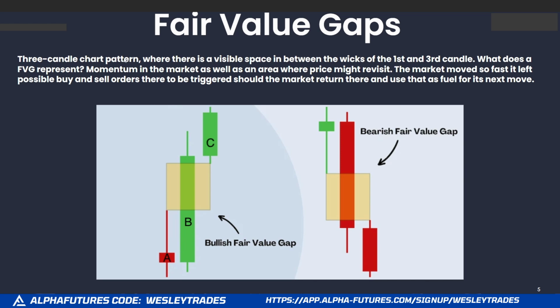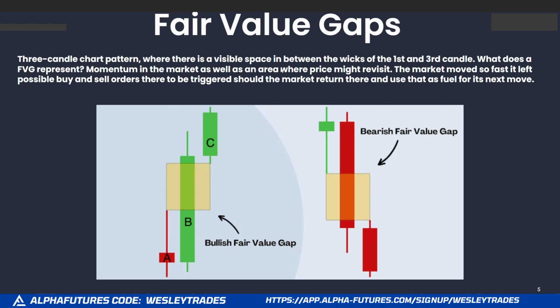It's a 3-candle chart pattern, A, B, C, or 1, 2, 3, whatever, where there is a visible space in between the wicks of the first and third candle. The wicks of the first and the third candle are outside the body of the second candle.